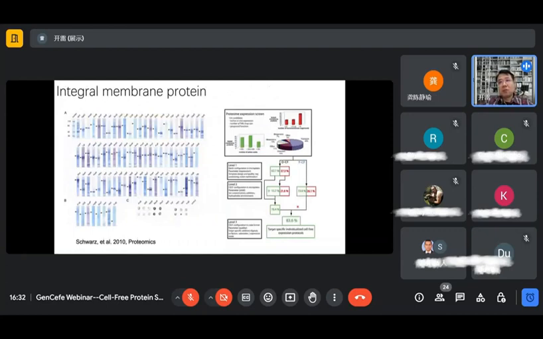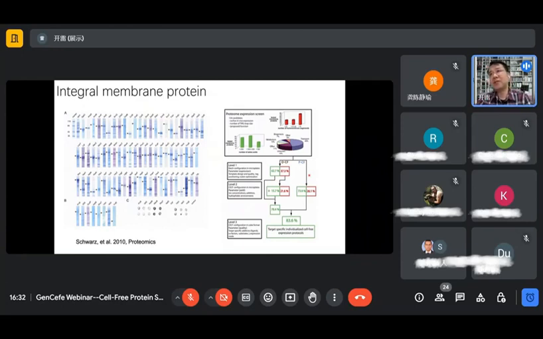Okay, so this is an early work from the times when I was still in Frankfurt. We systematically studied integral membrane proteins, which means they have at least two transmembrane segments. So we systematically evaluated the expression of E. coli integral membrane proteins, which consist of around 100 individual proteins.